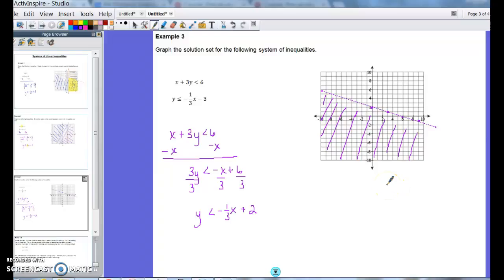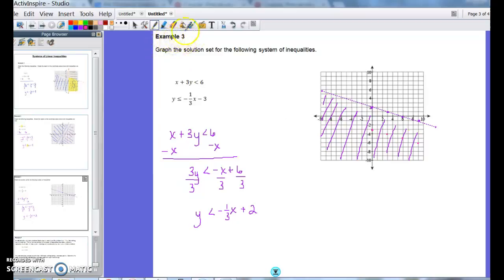Okay. Now let me go to this second one here. This is y is less than or equal to negative 1/3 x minus 3. So I'm going to start at negative 3. And again, if you notice, these two have the same slope. So they're going to be parallel. So I go down 1 over 3, down 1 over 3, down 1 over 3.